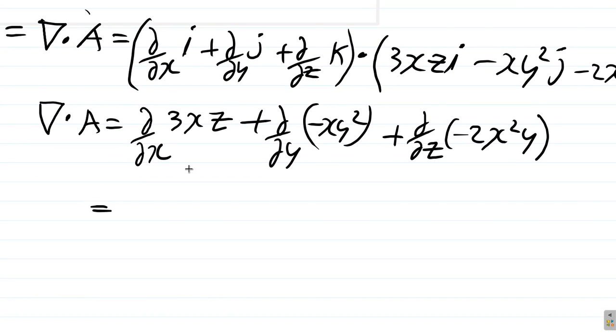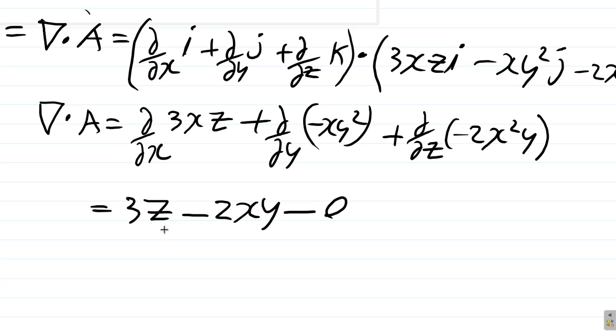Now this is equal to, we differentiate this, we get 3z, minus, differentiate this with respect to y, you get, no, it's going to be 2xy. You're going to have a minus again. When you differentiate with respect to z, you get 0 because x and y are constants as well as the 2.